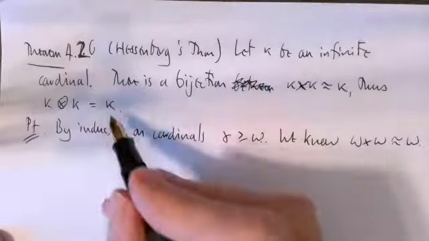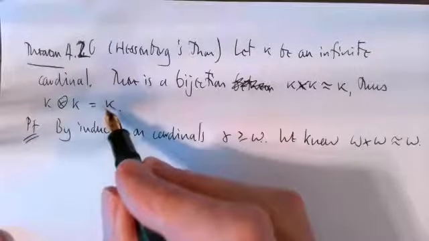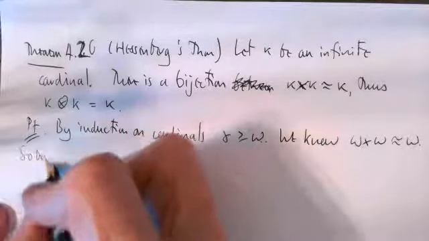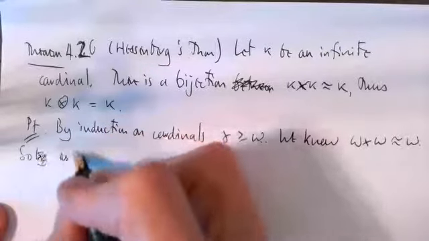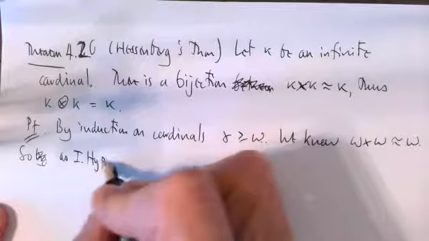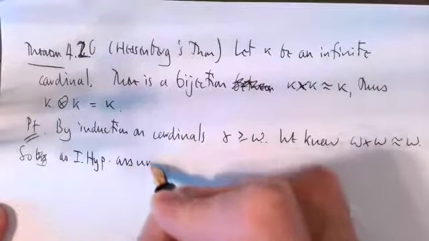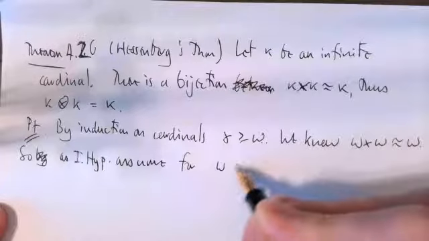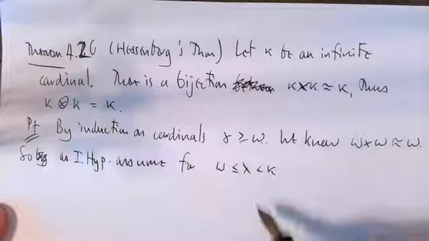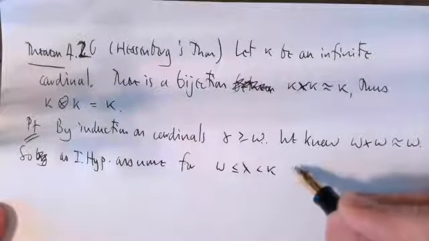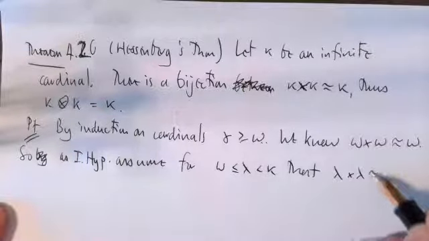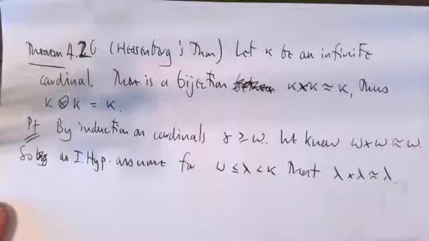So we'll assume that it holds for all infinite cardinals lambda less than kappa. So as inductive hypothesis, assume that if lambda is between omega and kappa, then lambda cross lambda is bijective with lambda.